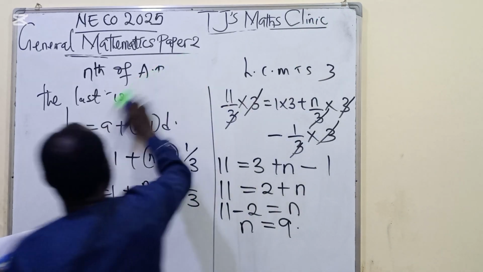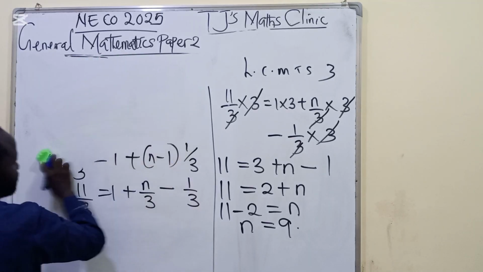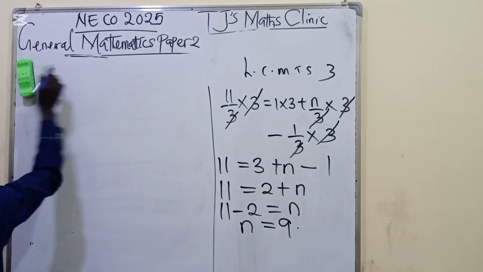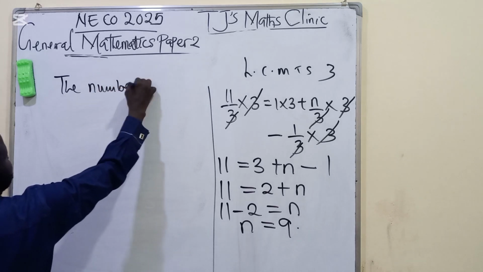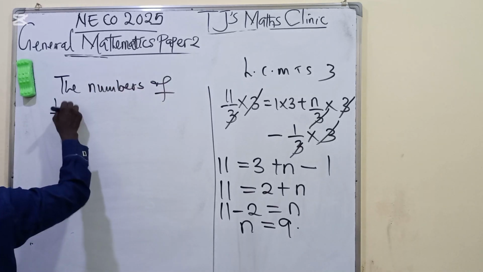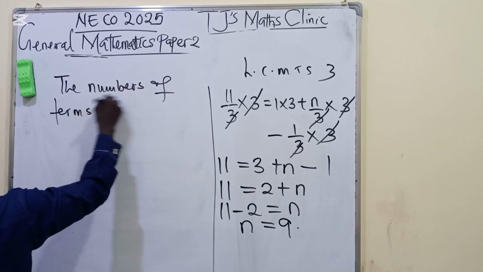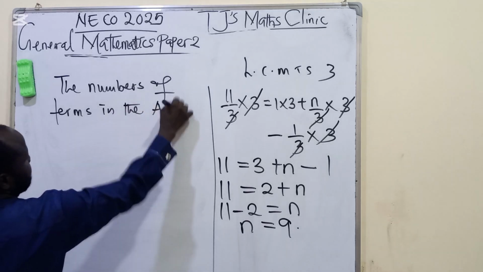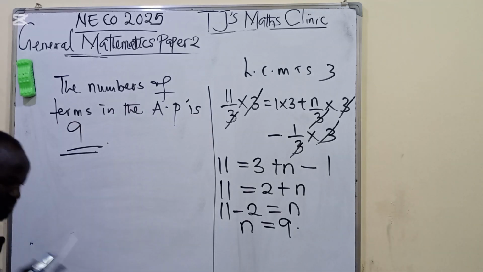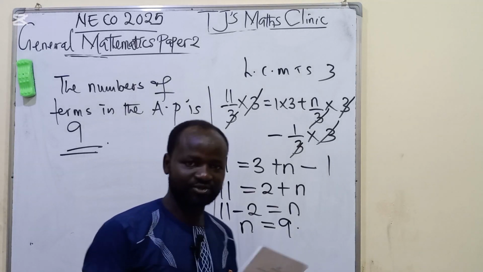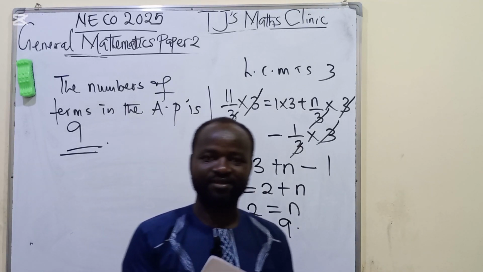We conclude that the number of terms in the AP is 9. This is the solution to 3A and B.